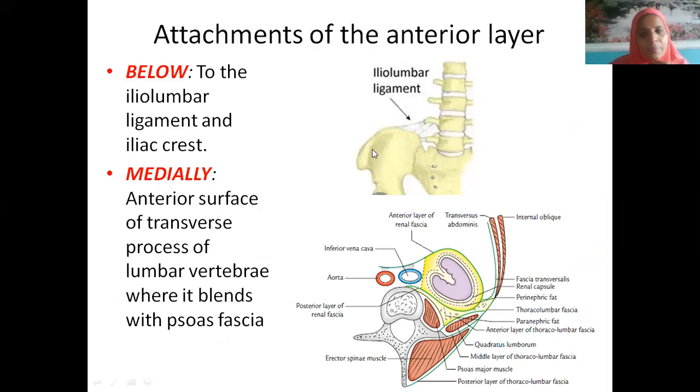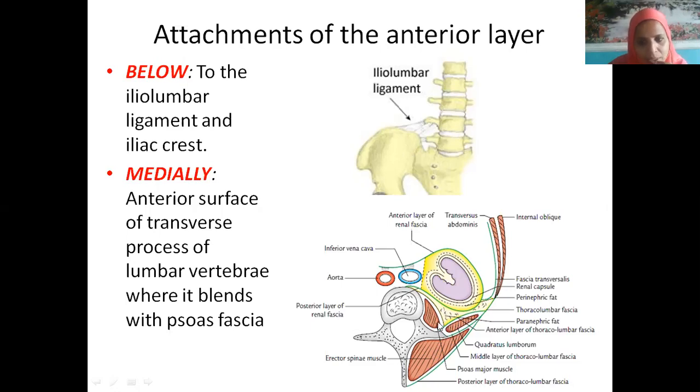Then medially, this becomes the medial attachment, right? Medially it is attached to the anterior surface of the transverse process of lumbar vertebrae, where it blends with psoas fascia and becomes continuous with it. So suppose this is the anterior layer and this is the medial-most end.